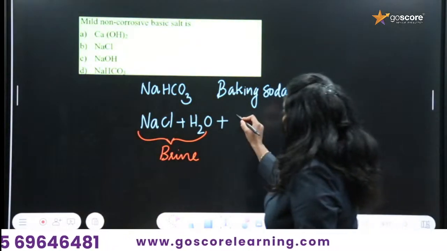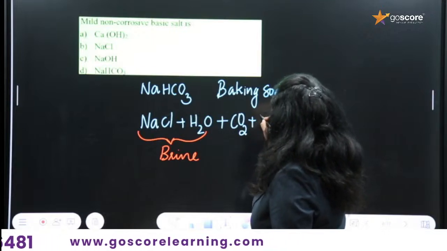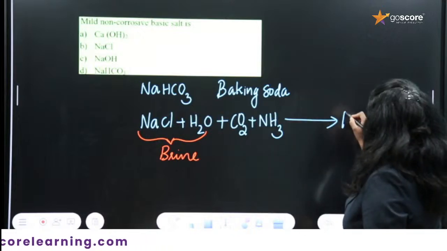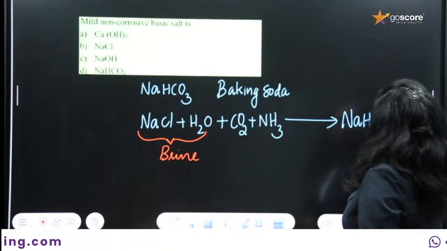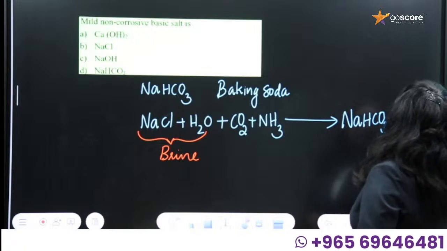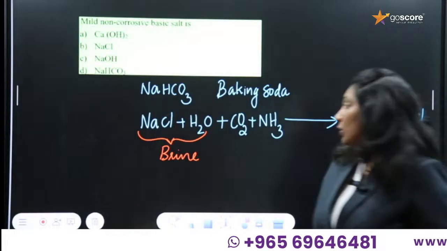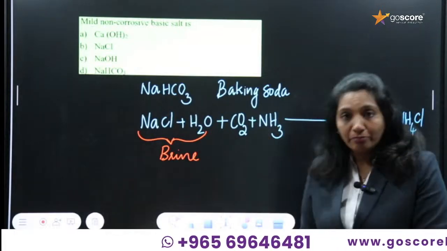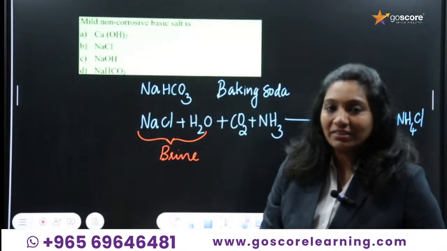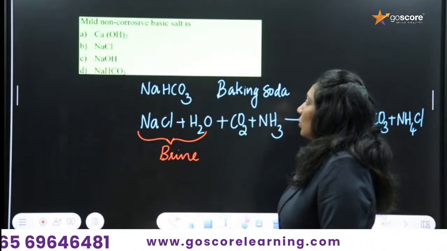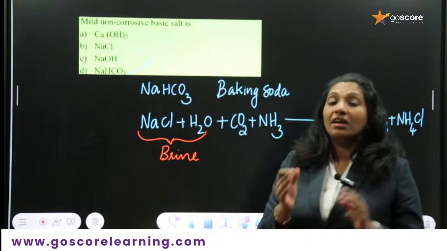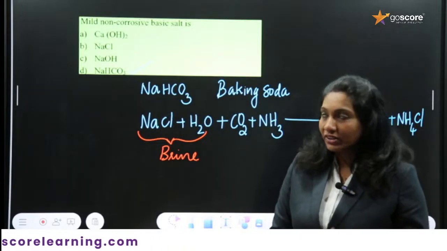Carbon dioxide plus NH3, ammonia. You will be getting what? NaHCO3 plus the byproduct NH4Cl, ammonium chloride. This is the method of preparation. I just told you this for recollecting or remembering these things. Okay, so here in this question, the mild non-corrosive basic salt is nothing but sodium hydrogen carbonate, or baking soda.